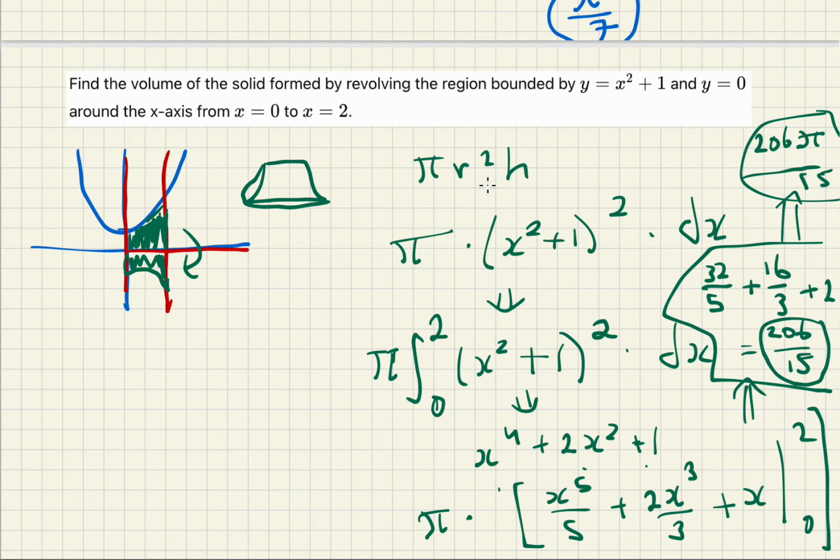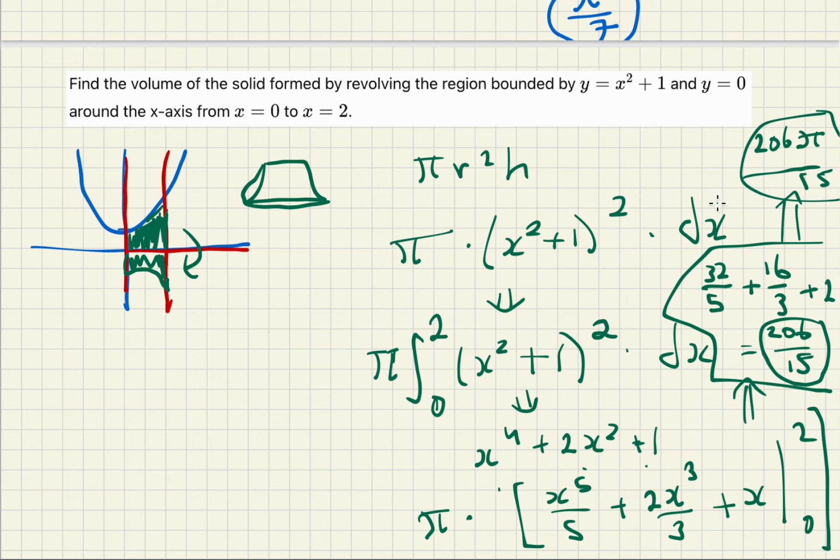So you can use the formula for the volume of a cylinder, pi r squared h, and then replace r with the equation that y is equal to. In this case, it was x squared plus 1, so that will most likely be the radius. You square that, and then you replace h with dx or dy.